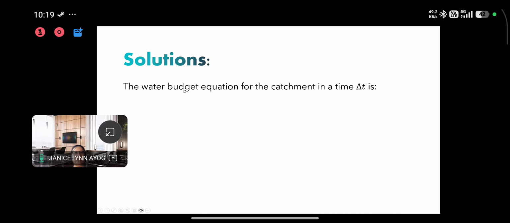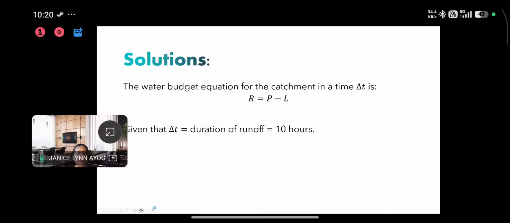Okay, so the water budget equation for the catchment in time delta T is this, because we're only dealing with the infiltration, groundwater, and evaporation is being lumped into losses.